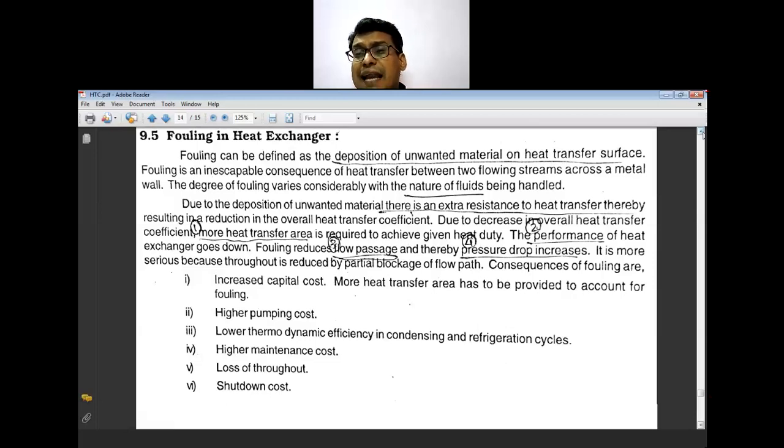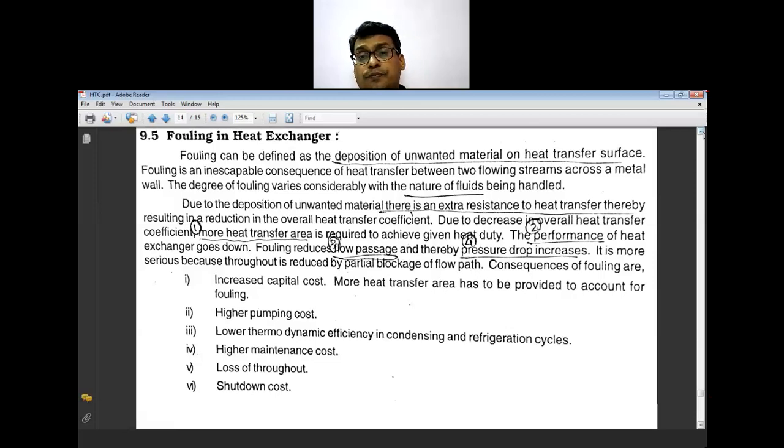And as a result of this additional resistance, you require more heat transfer area. So the equipment which you design may not function properly if there is a higher deposition of this unwanted material, and as a result higher resistances will be developed.